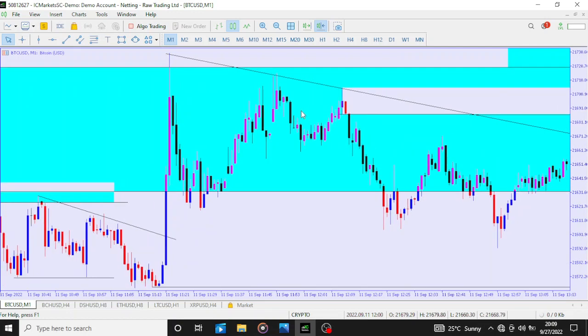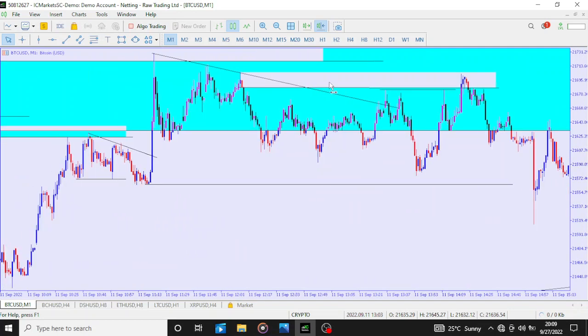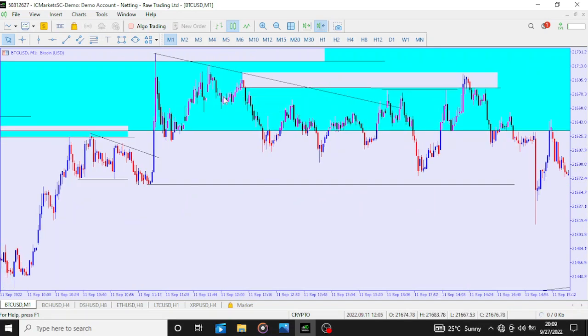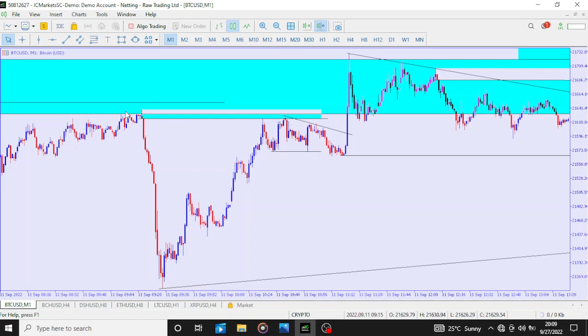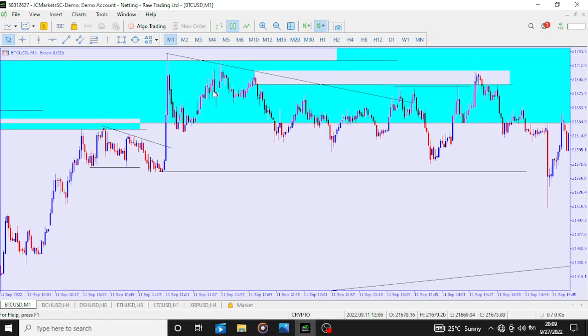So I noticed this minor distribution which sponsored the price to the downside, and this shows after the price ran this liquidity. Another thing, guys, liquidity fuels the price.